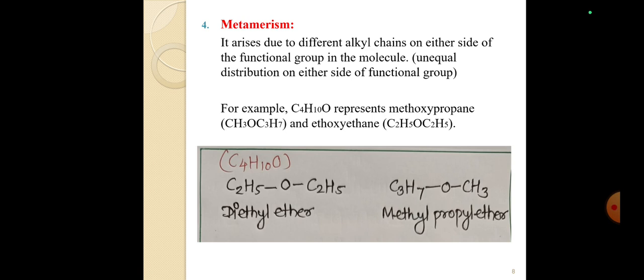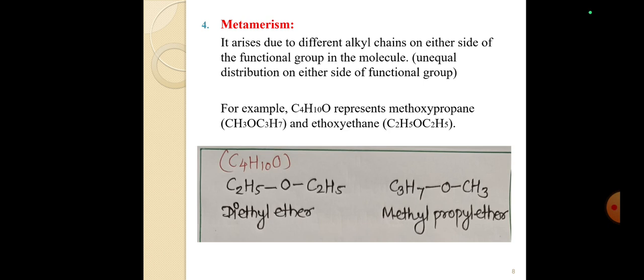Then the fourth is metamerism. This is called unequal distribution of carbon atoms or alkyl groups across the functional group. So here we need functional groups which have a central oxygen or sulfur, like thioethers, ketones, or ethers also.